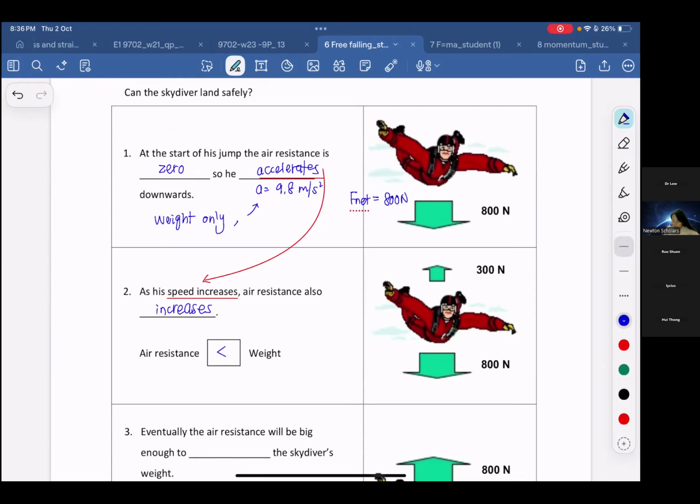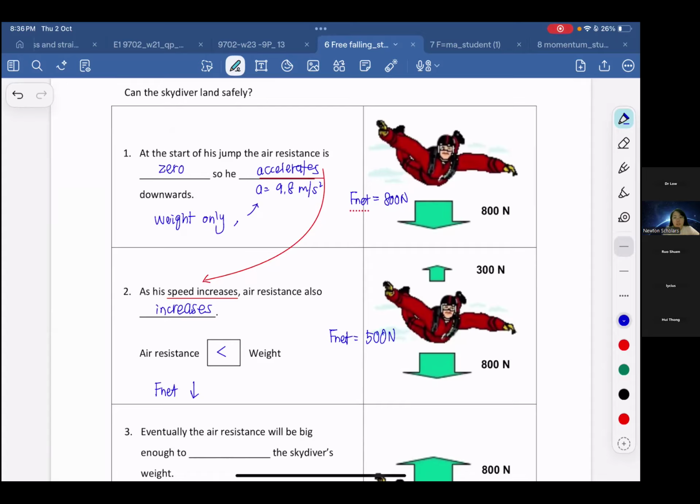According to the numbers that I simply put, your resultant force is now 500 Newton, using 800 minus 300. Can you see that your net force actually decreases?